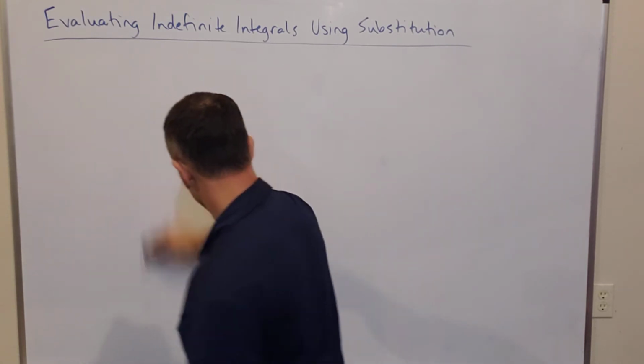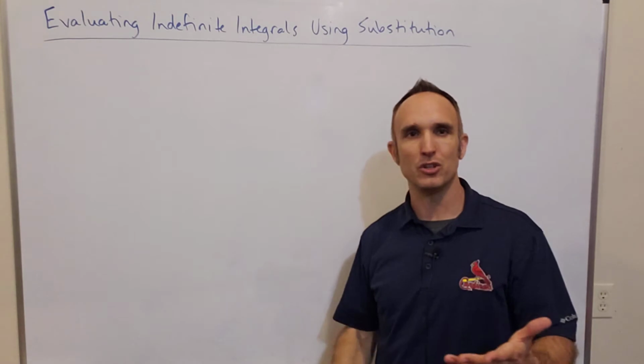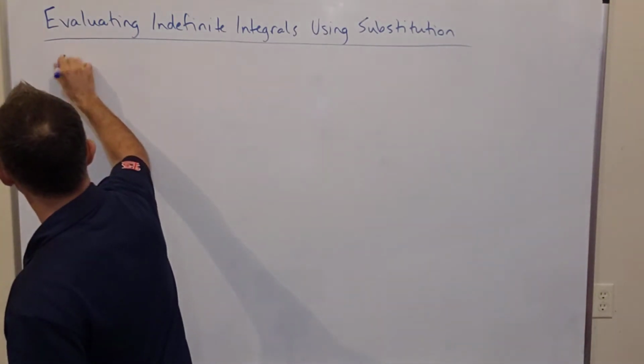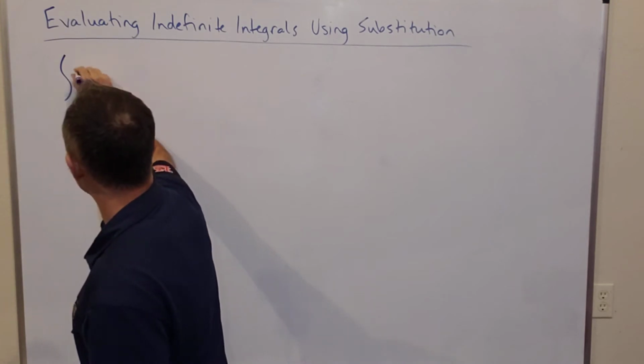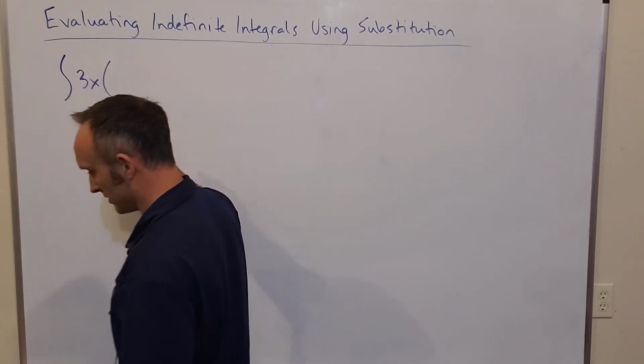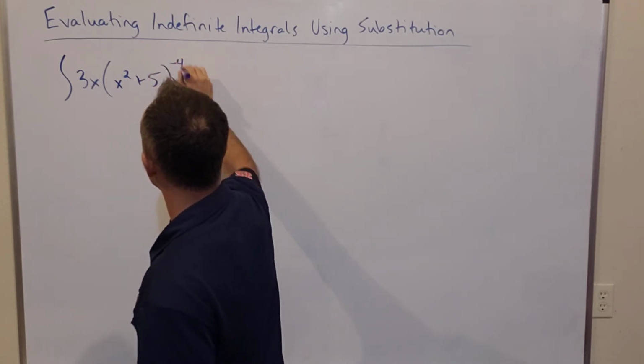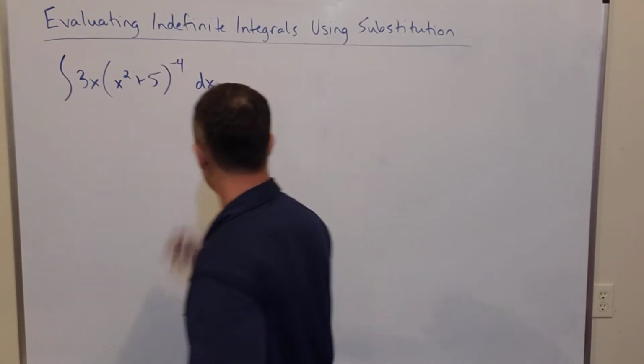And the hardest part of it is knowing what to choose for your substitution. So let's look at the integral of 3x times x squared plus 5 to the negative 4th power dx.